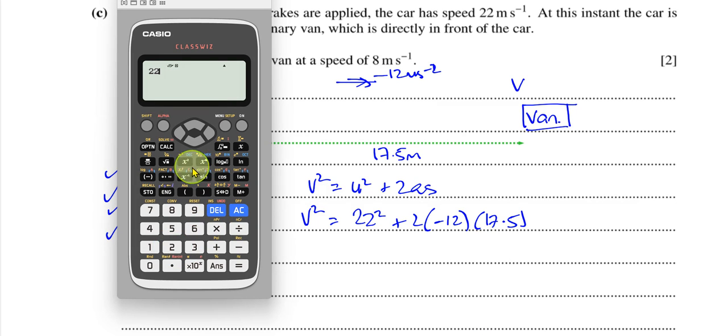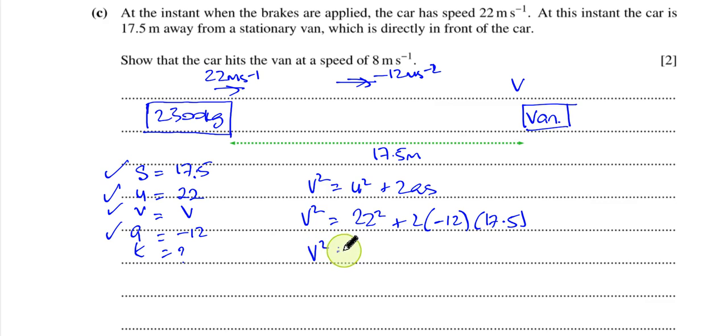So we have 22 squared plus 2 times negative 12, times 17.5. So hopefully this comes out as 64 because it has to be 8. That's right, good. So v squared is equal to 64. Therefore, v is equal to 8 meters per second.